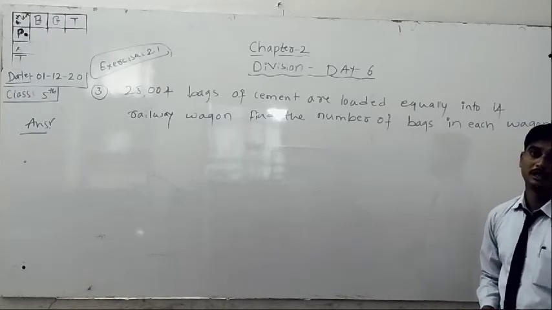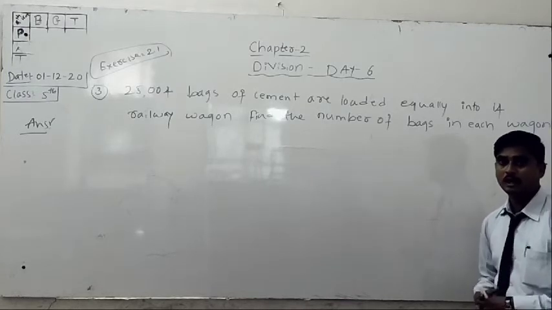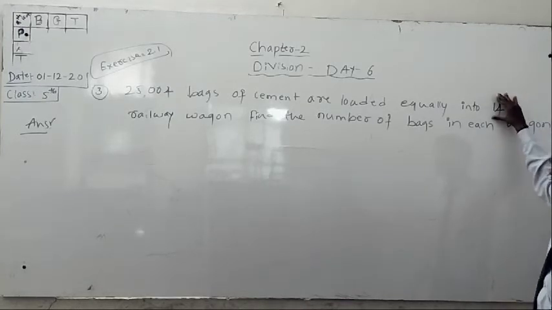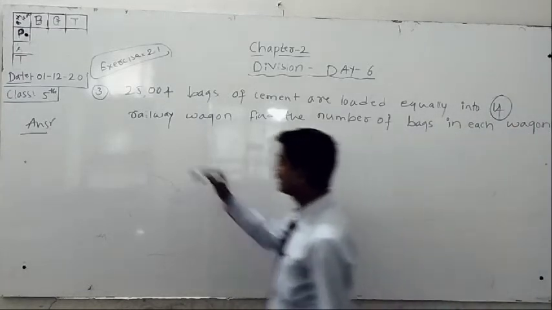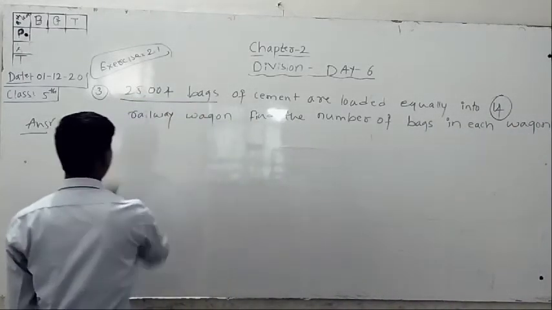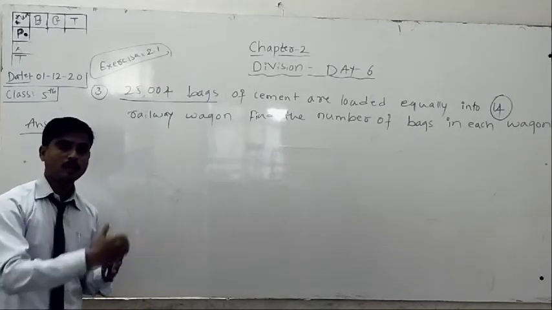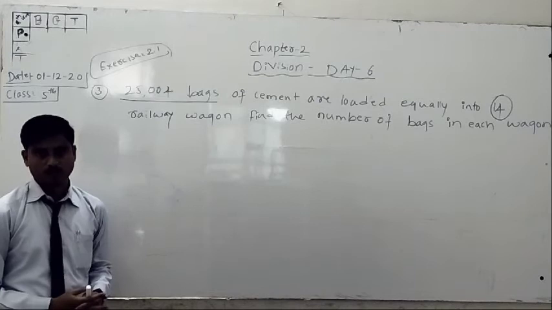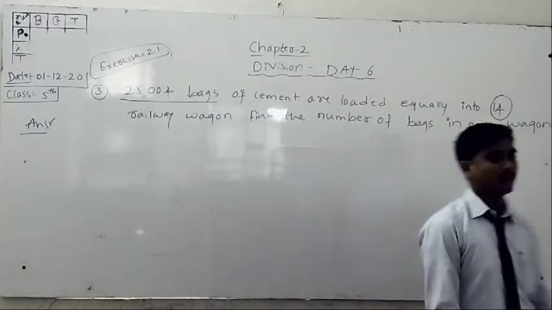Wagon means bogie. 14 bogies are there. Then the total number of cement bags, 25,400 bags, are equally loaded in 14 bogies. Then find the number of bags in each wagon.